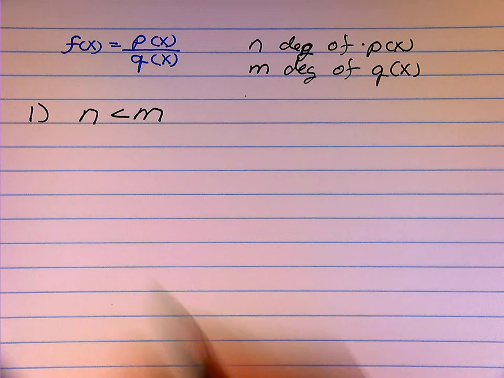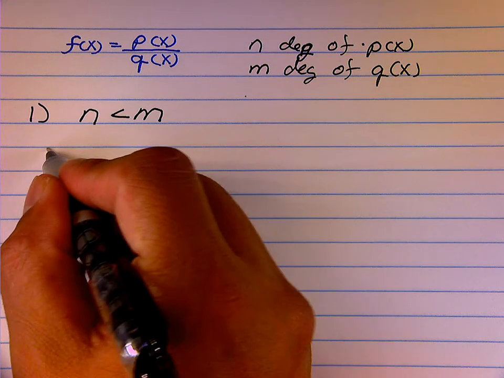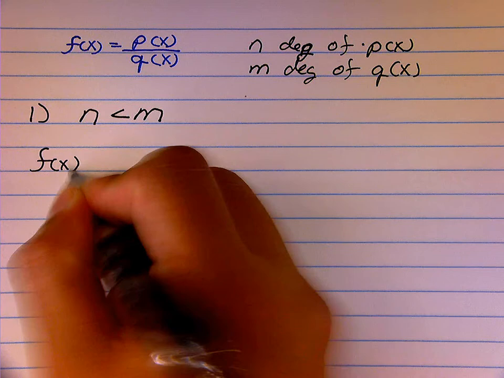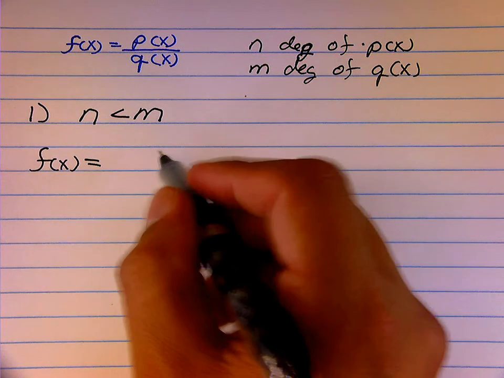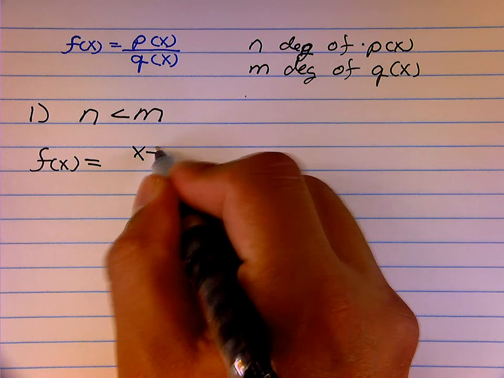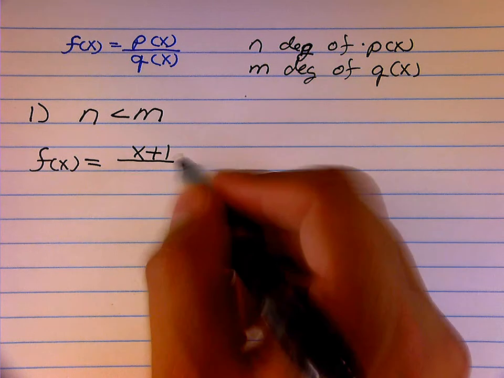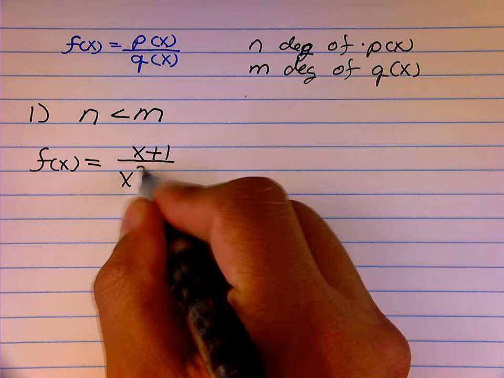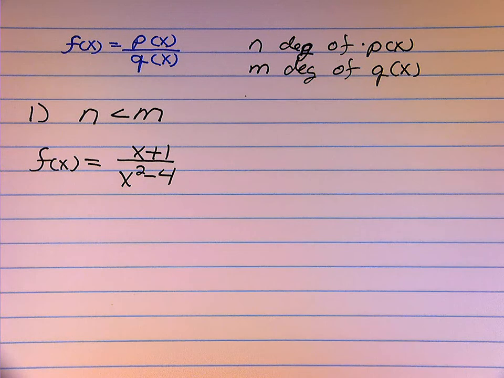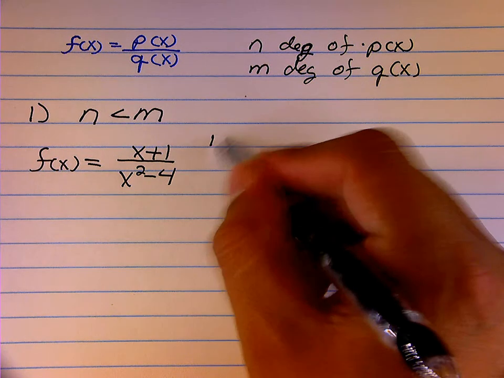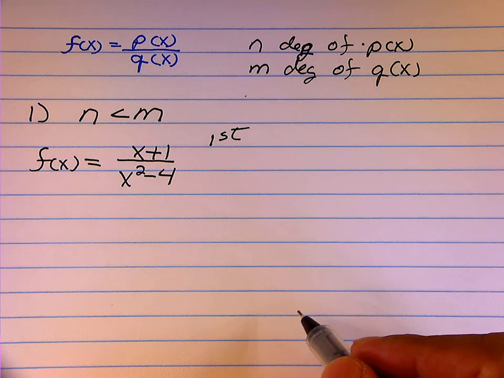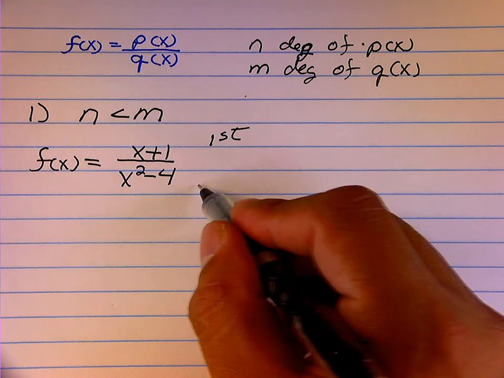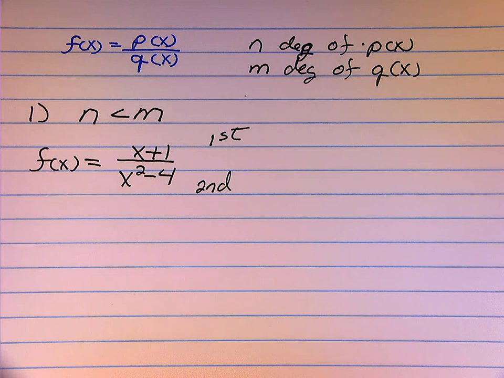For instance, let's take f of x equals x plus 1 over x squared minus 4. My numerator is a first degree polynomial. My denominator is a second degree polynomial.